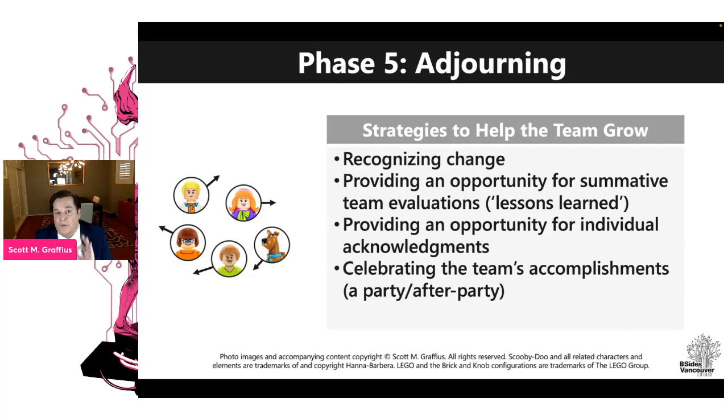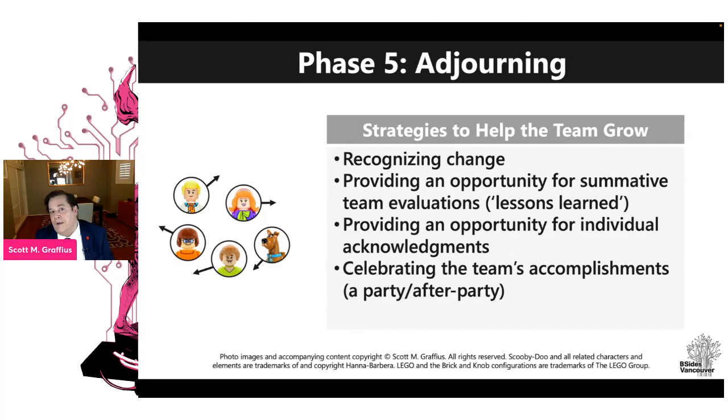Here's the part, though, that surprised me, that's very clear in the literature, and you'll have to let me know later if this surprised you. And that's this. The benefit to doing that, having a party or an after party, right, is not just to the individuals on the team and the team as a whole. It's also to those people who had nothing to do with the project at all, but are in the company.